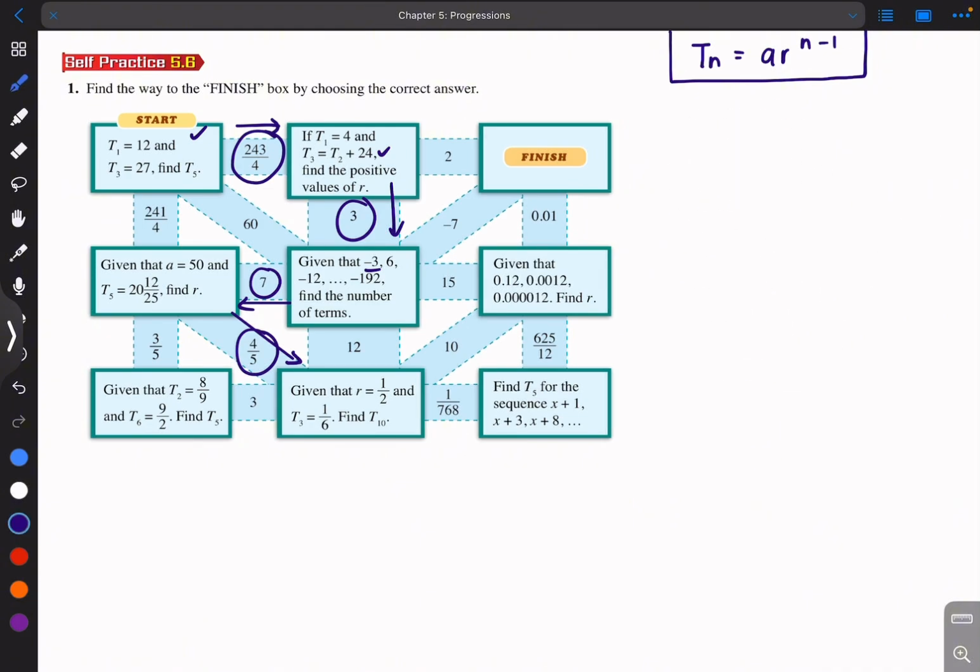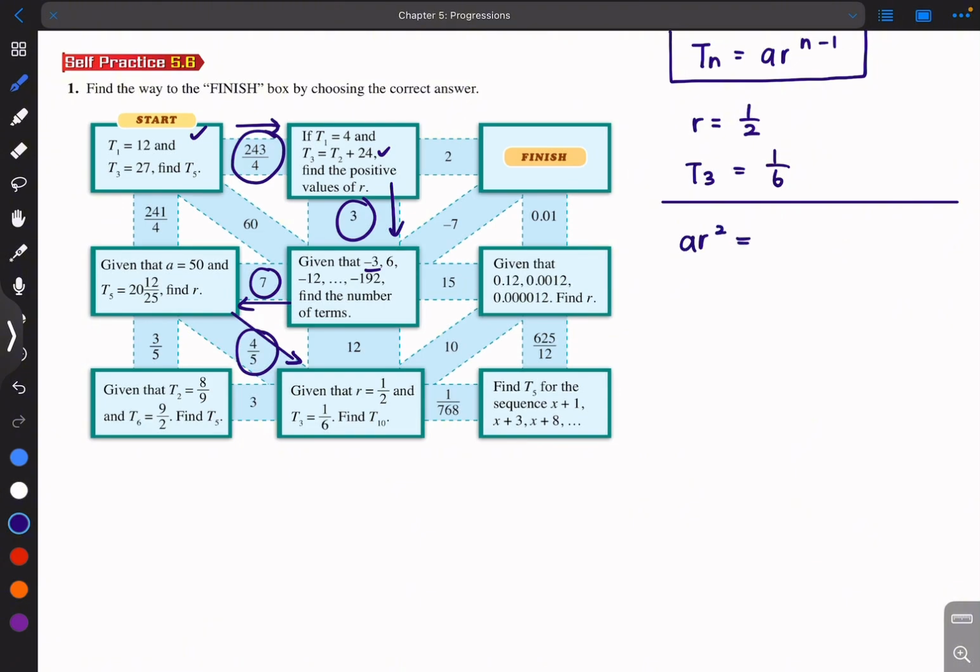Here R is 1 over 2 and T3 is 1 over 6. Find T10. R is given, T3 is 1 over 6. T3 is basically AR to the power of 3 minus 1, so it's AR square.